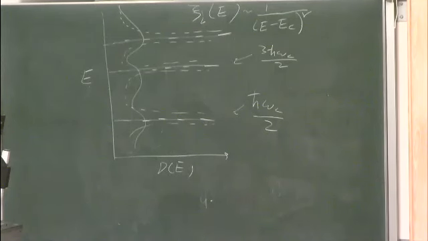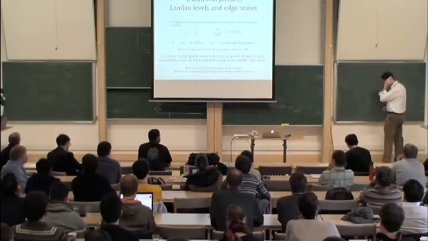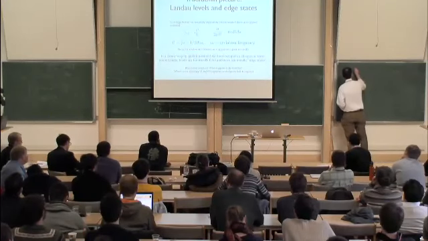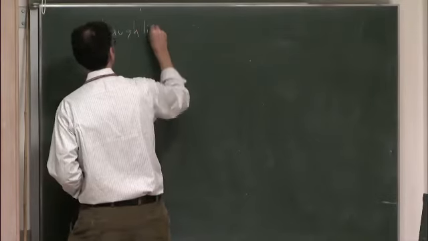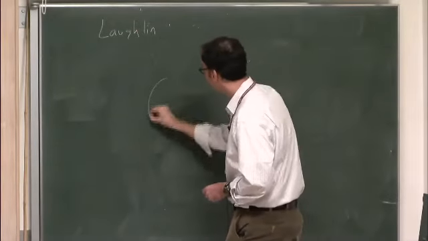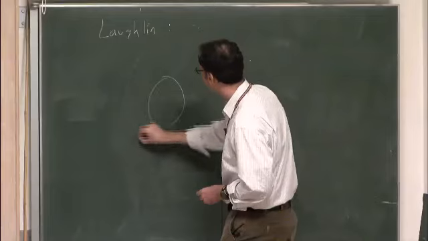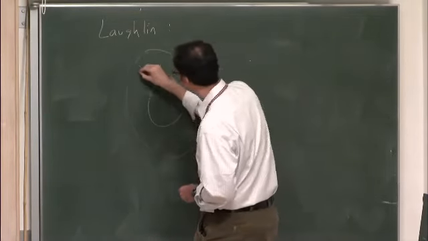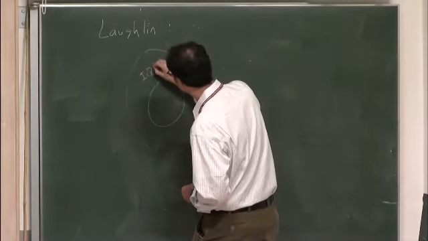If I believe in that picture of the electronic states, why should I see this remarkable quantization? So the picture that Laughlin had was basically, let me think about a ring geometry. So this annulus, this is my possibly integer quantum Hall state.